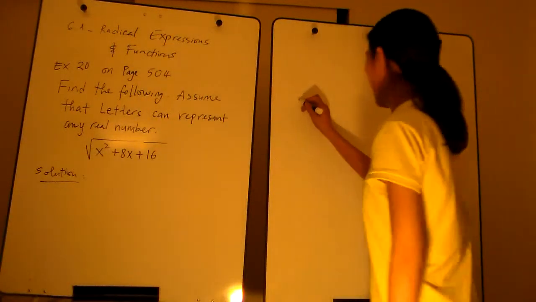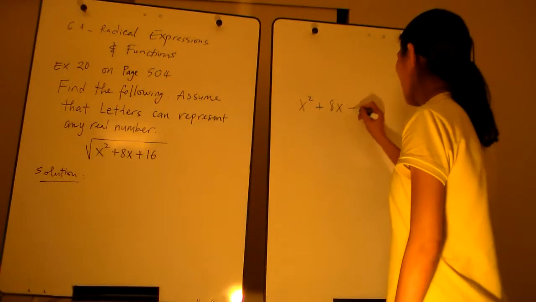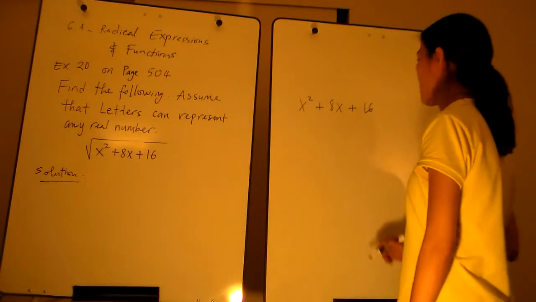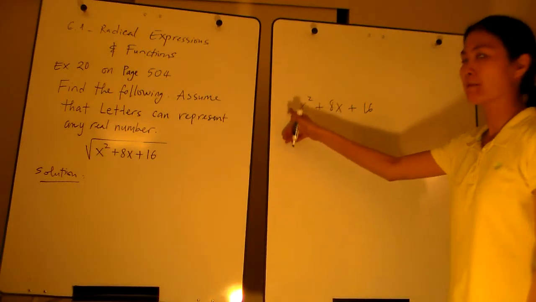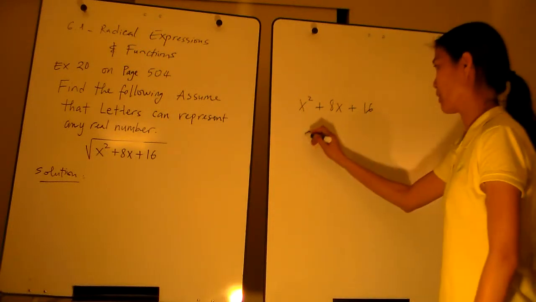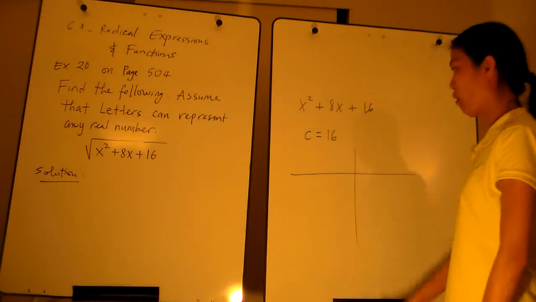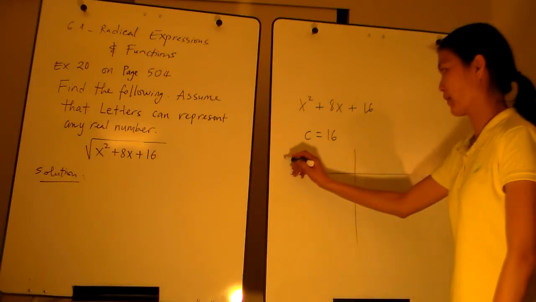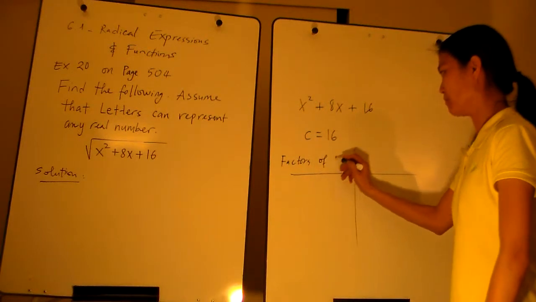We learned how to factor the trinomial in the previous sections. This is when you have a coefficient of 1. So you can just use c, which is 16, and think about all possible factors of c.